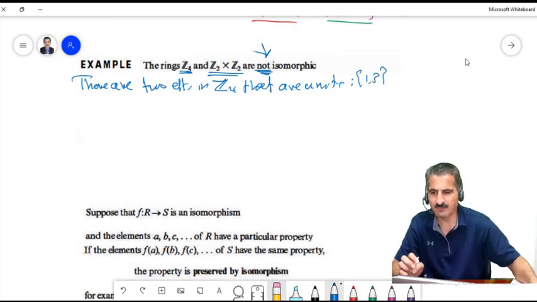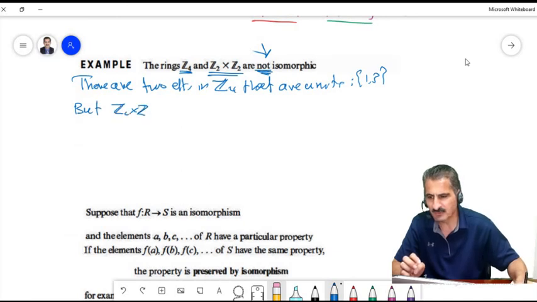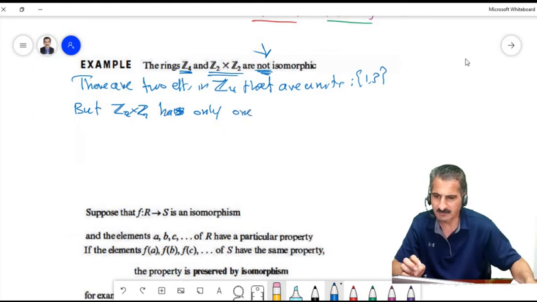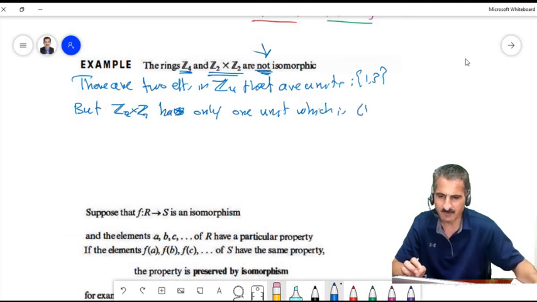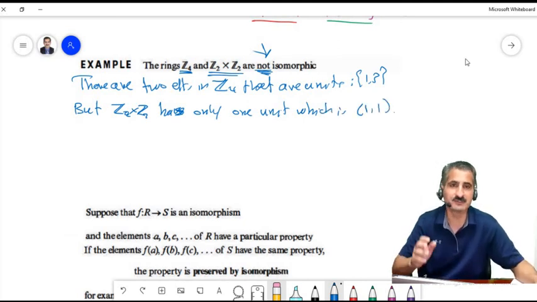Now if you go to Z2 cross Z2, it has only 1 unit, which is the ordered pair (1, 1), and the remaining are zero divisors.